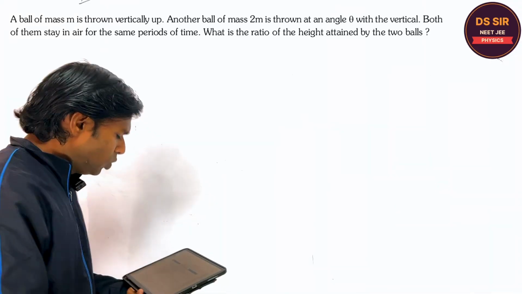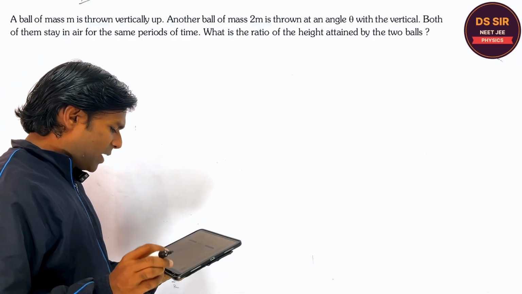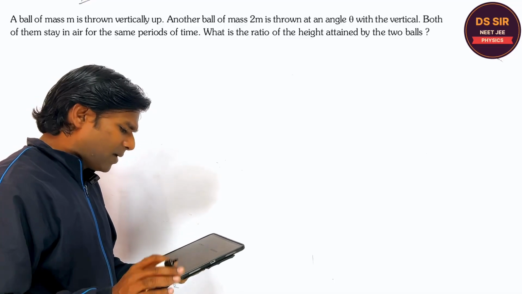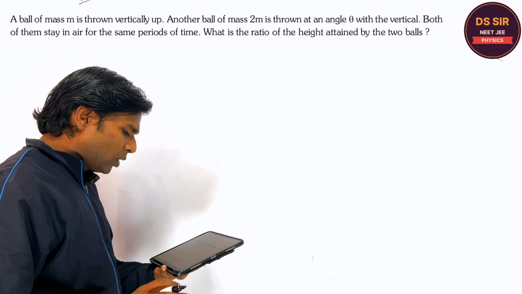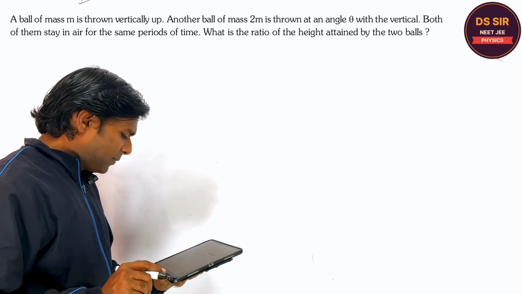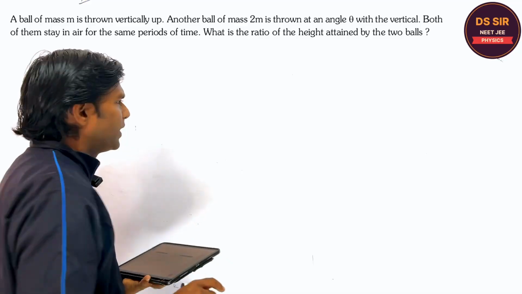Copy this. So in the next example, the question is: a ball of mass m is thrown vertically upward. Another ball of mass 2m, the mass does not matter, is thrown at an angle theta with the vertical. You have to remember both of them stay in the air for the same time period. What is the ratio of heights obtained?